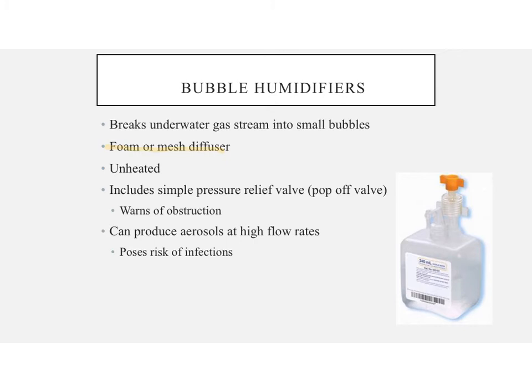So in all bubblers, they are going to include a simple pressure relief valve, also called a pop-off valve. What is going to happen is when it has some sort of obstruction at 2 psi or greater, it's going to alarm.